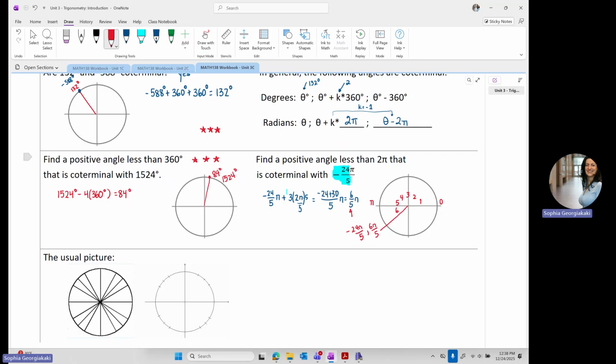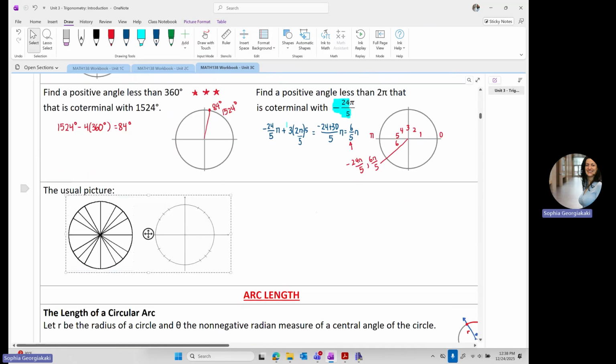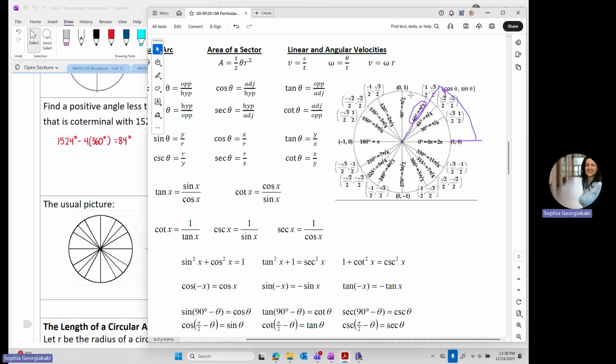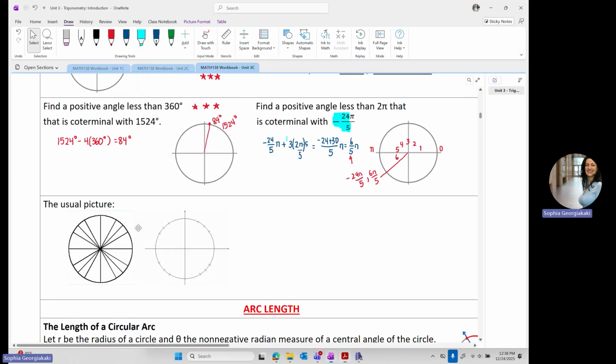The usual picture that you will see on tests, on the final exam, graphing grids looks like that. The one that you have on the left is the one that you have in your formula packet. The angles are multiples of 30 and 45. The angles on this circle, and here it is for you to sketch.